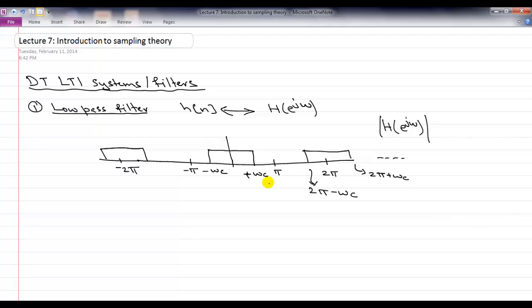Omega c, just like in continuous filters, is called the cutoff frequency. It's a similar concept, but the cutoff frequency has to be strictly less than pi. Typically it will be around pi by 2 or so, and it will be called a low-pass filter. If it goes above pi, then it actually has to be a constant because of the periodicity.